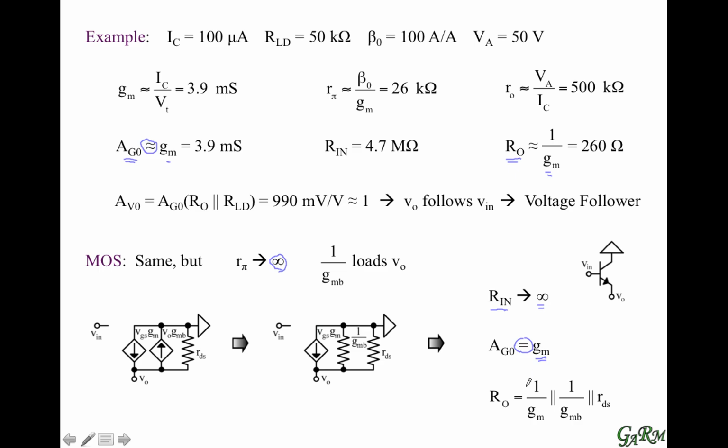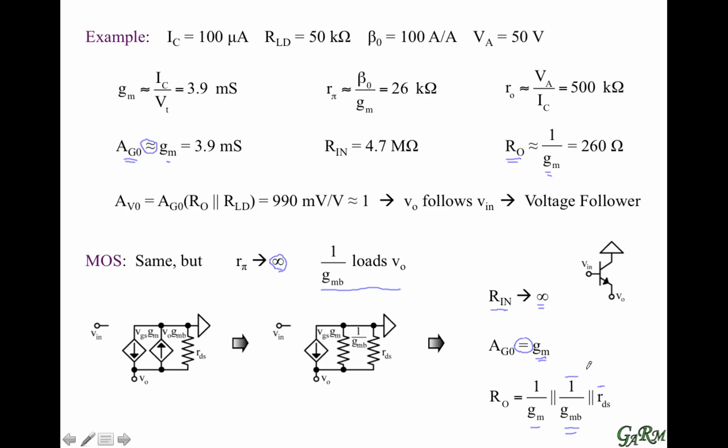That's why there's no R pi here. Then we have little RO, which in the MOSFET is just RDS. We have the 1 over GM component. And lastly, we have the effect of GMB, which remember we said is to load the output with an equivalent resistance of 1 over GMB. So this is how it appears here.